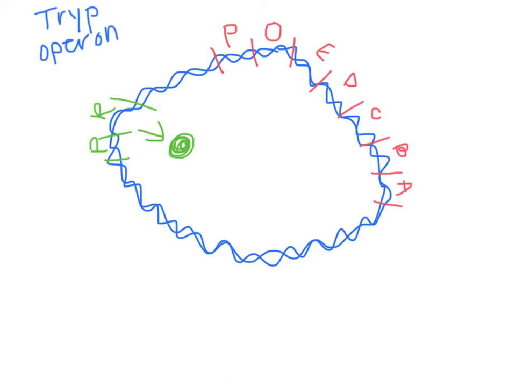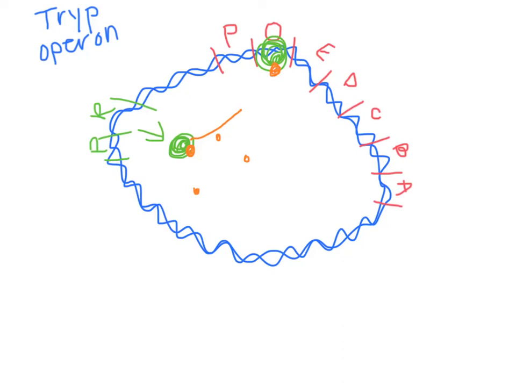So if this is our little tryptophan molecules, and tryptophan is high, and one interacts with the repressor protein, now it can actually bind to the operator. And what we get is this guy bound here, and guess what?